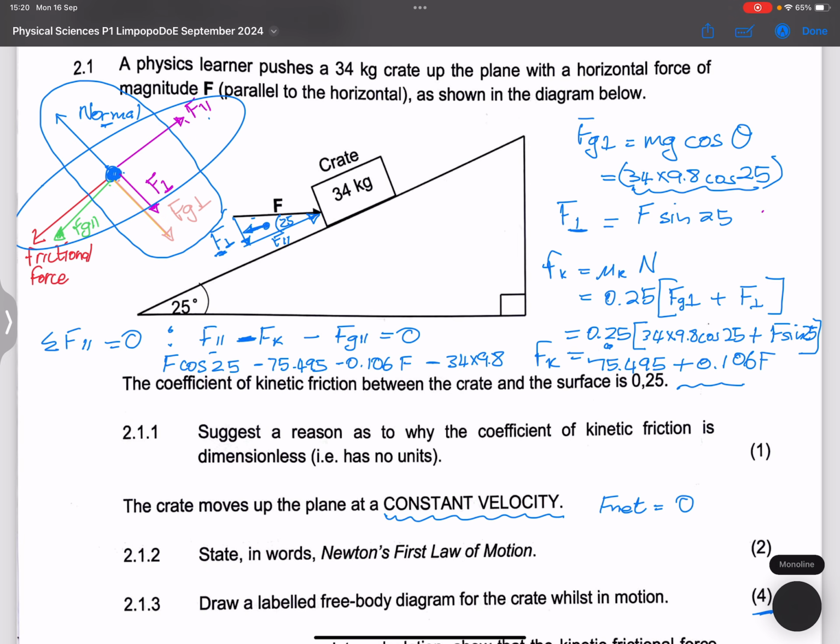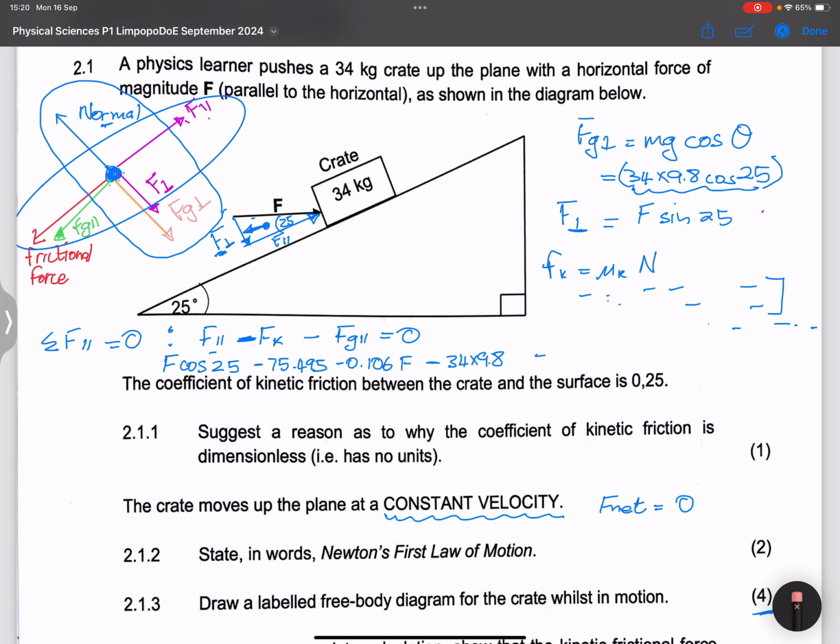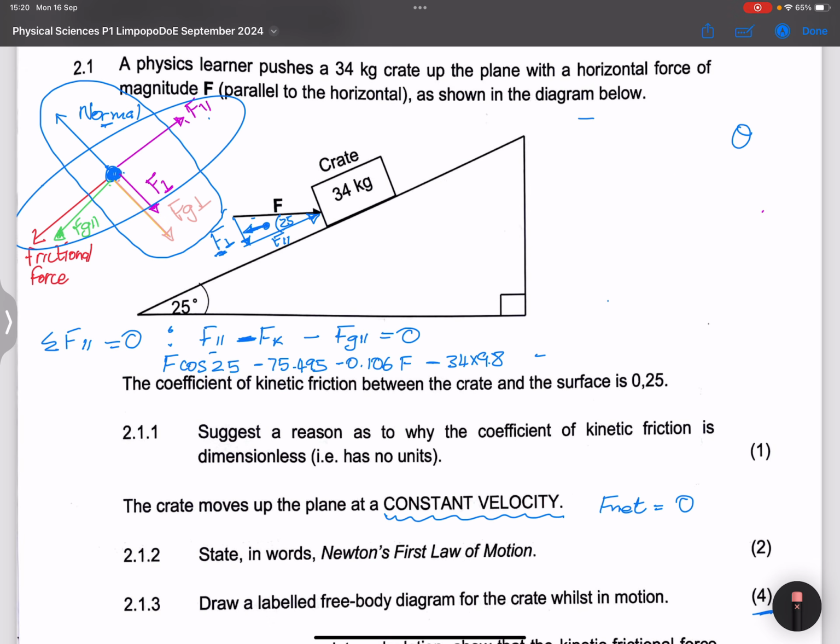Okay, if you don't mind, ladies and gents, I'm just going to erase this so that I'm able to answer that question. So this would be equal to 34 times 9.8, the sine of 25 degrees. And remember, we said the sum of forces is equal to 0. Now let's take all the like terms.